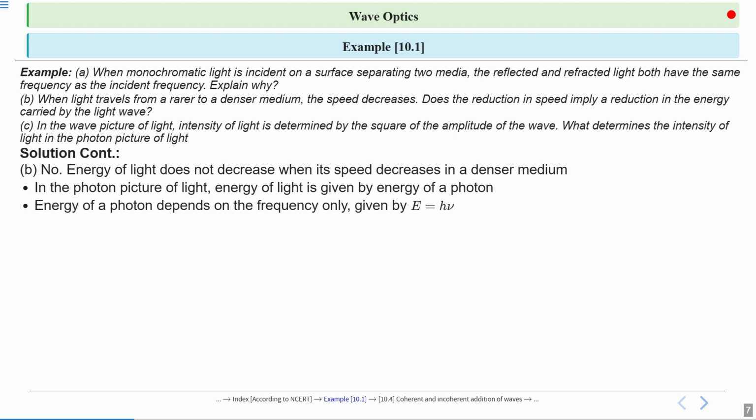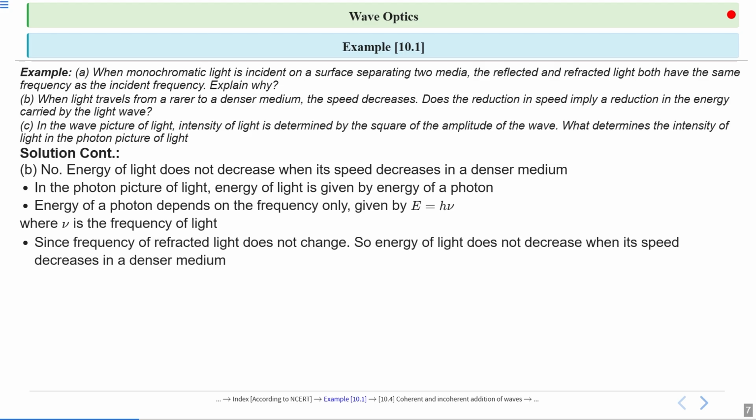So it only depends on frequency. Since frequency does not change when light travels from one medium to another, energy will not change. So frequency of refracted light does not change, so energy of light does not decrease when its speed decreases in denser medium. Energy and frequency remain the same, only speed and wavelength change.